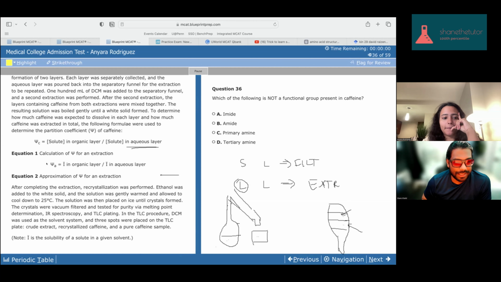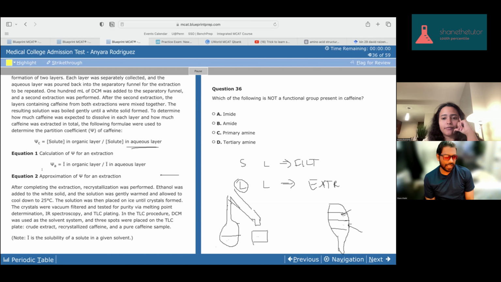Yeah. But I think this is just giving us equation 1 to get a precise value for the partition coefficient. And equation 2 is just a way to approximate that partition coefficient.